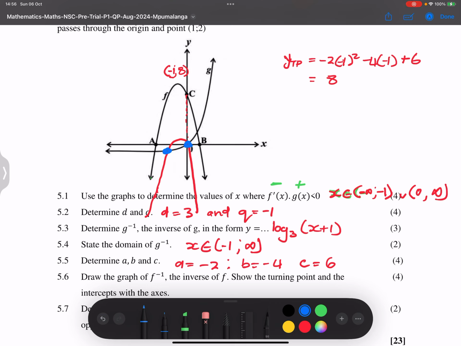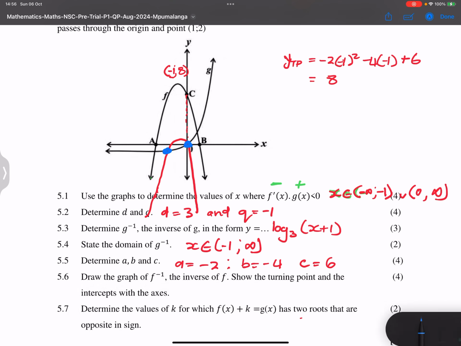The other part they meet at the origin. But now the roots should definitely be opposite in sign. So which means f of x must be lowered to the point where it gets to the origin. But if we lower it any further, then we will start having them intersecting at 2 points that are not opposite in sign.